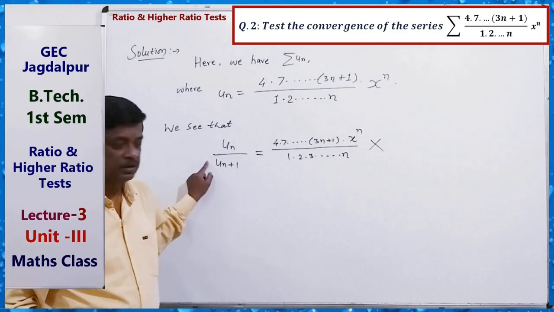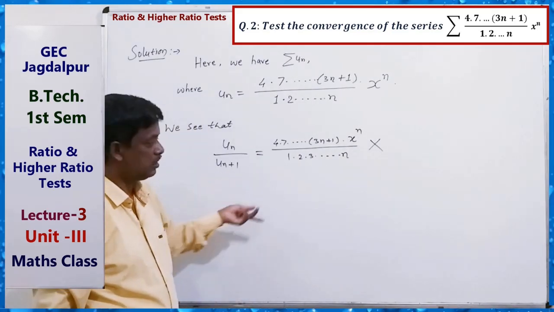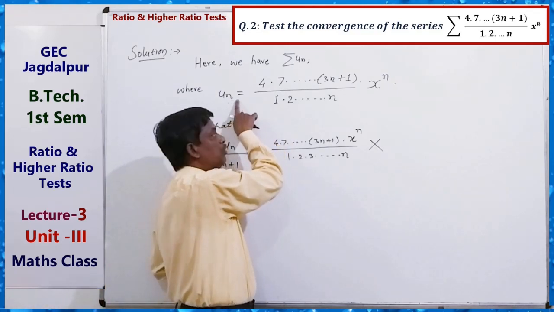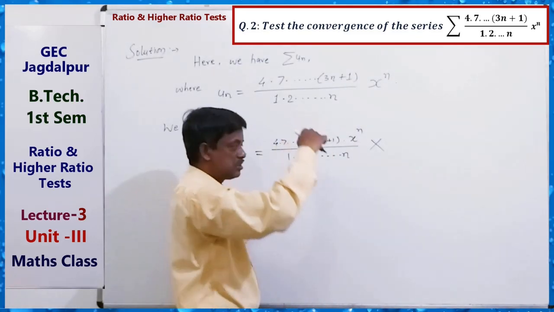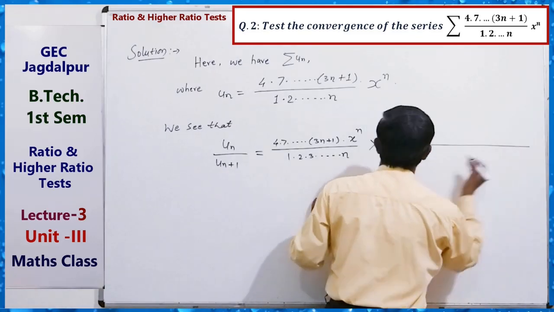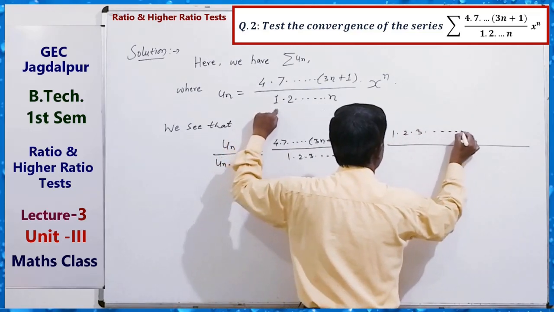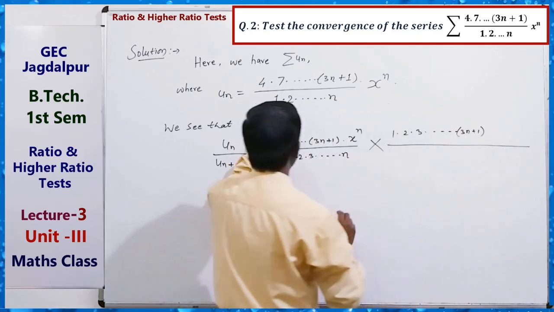For the division, just write un plus 1 in inverse order. So un plus 1 means n plus 1 everywhere, and in reverse, inverse form, this will be 1, 2, 3 up to n, and then n plus 1.